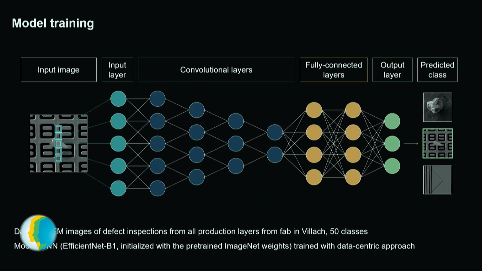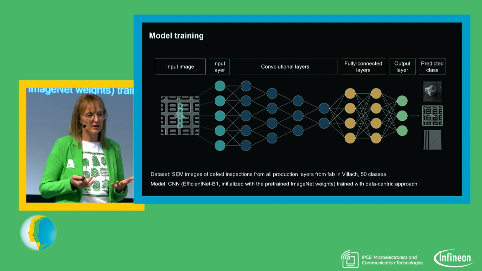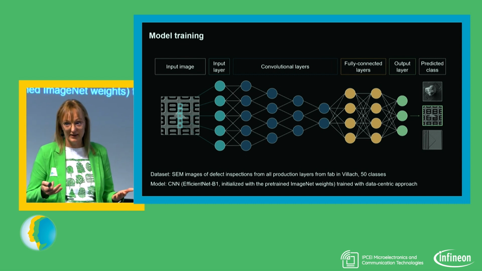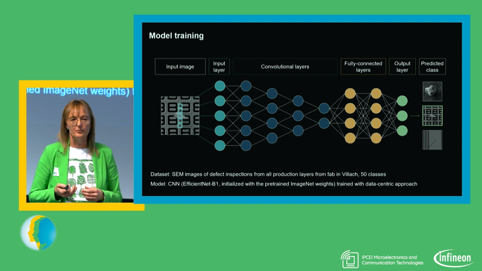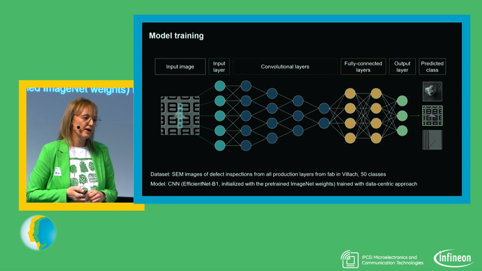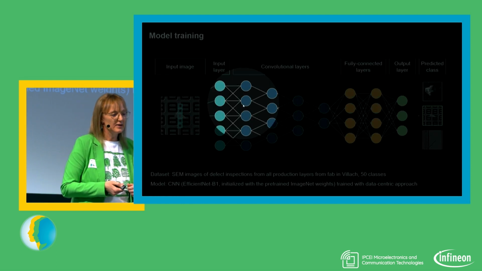Now let's have a deeper look at the models. What we use to train our models are convolutional neural networks, also called CNNs, a type of artificial neural network commonly used for image tasks.